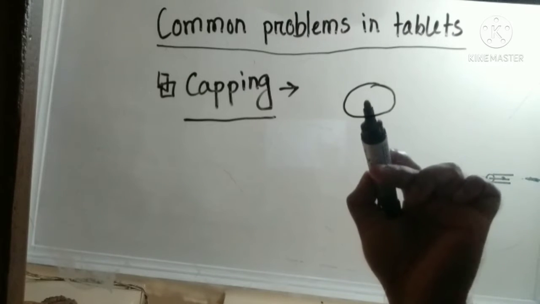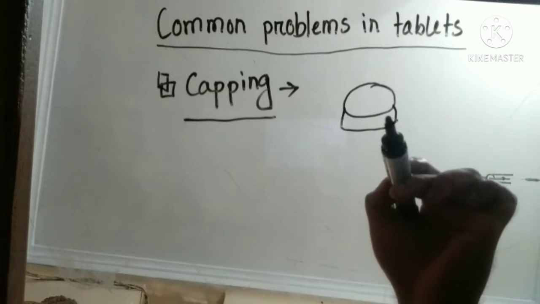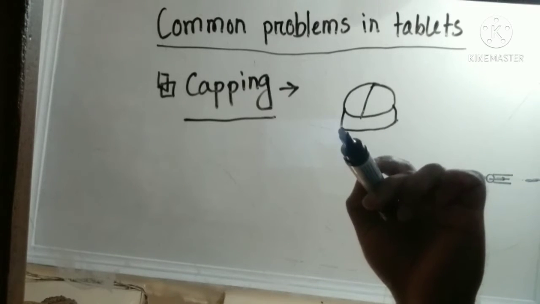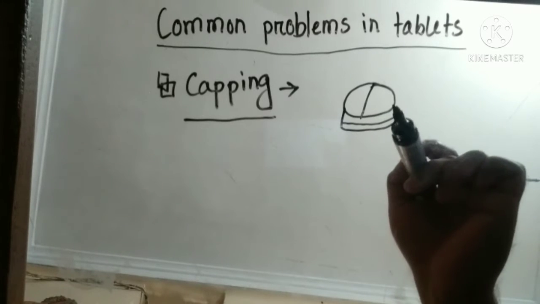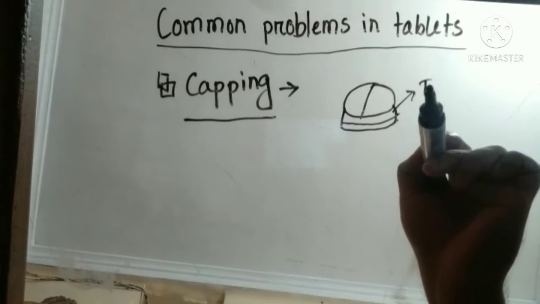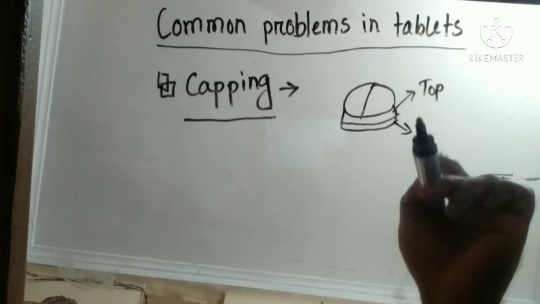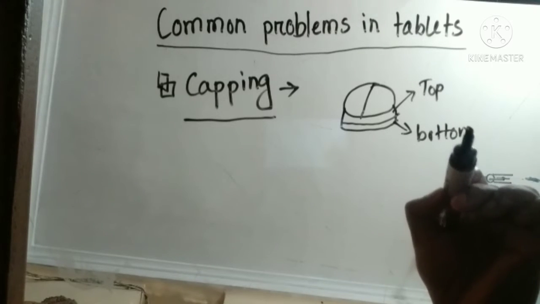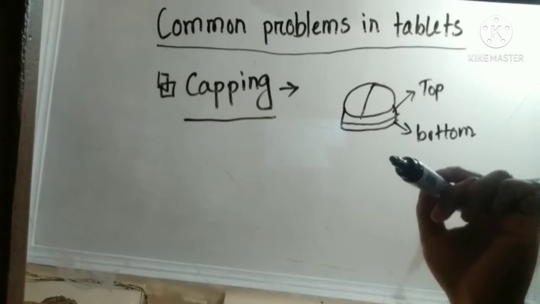Suppose that it is a tablet. Here is a layer, suppose that is the top layer and that is the bottom layer. So top layer and bottom layer.